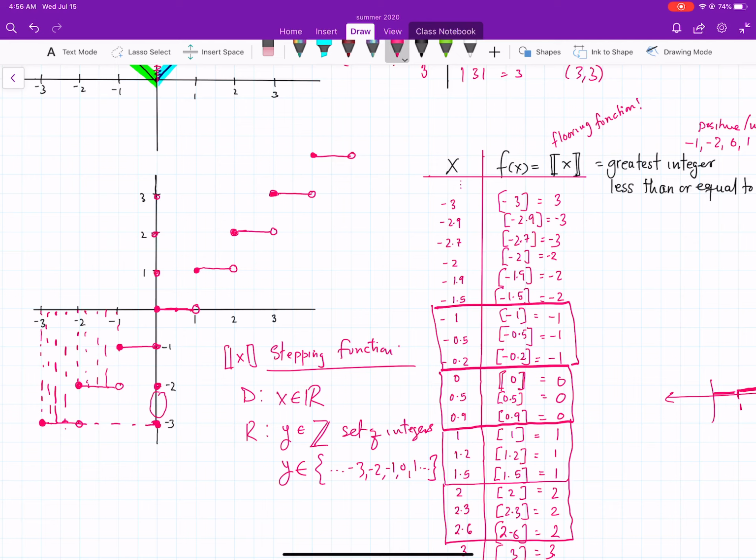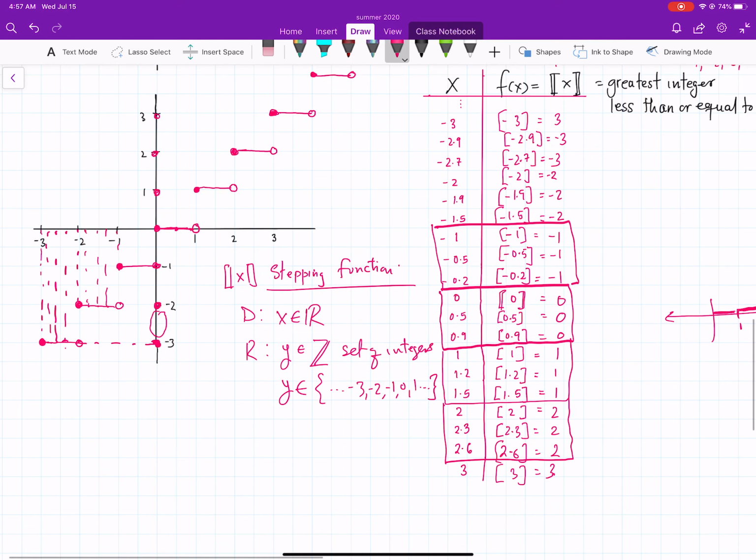All right, now the question is, is this increasing or decreasing? When you read from left to right, it's horizontal and it jumps and it jumps and it jumps. So for every y value, you can see that there is an increase.